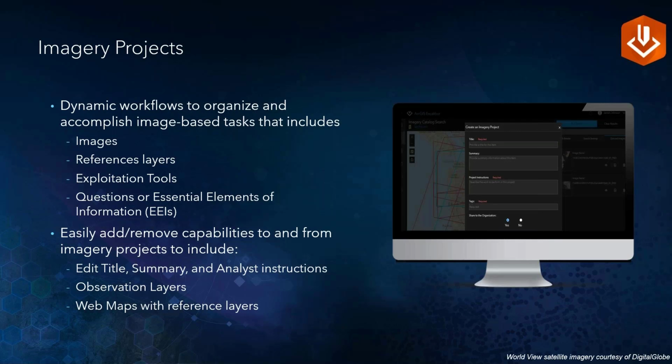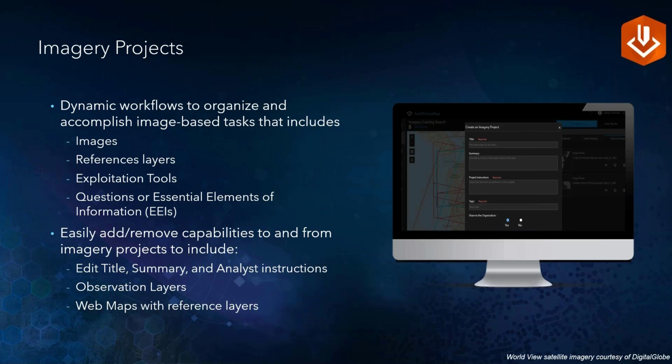Imagery workflows may require multiple information resources and an abundance of tools, adding complexity to day-to-day operations. Excalibur helps organizations streamline these overwhelming workflows so that users can spend more time on their analysis. So we introduced this concept called an imagery project. An imagery project is a dynamic way to organize resources required to complete an image-based task in a single location.